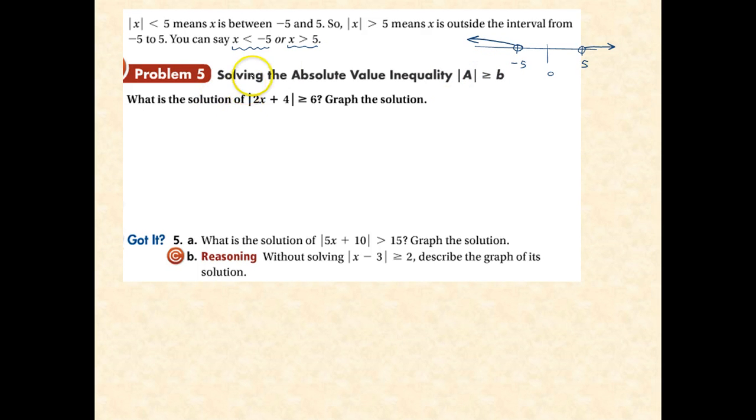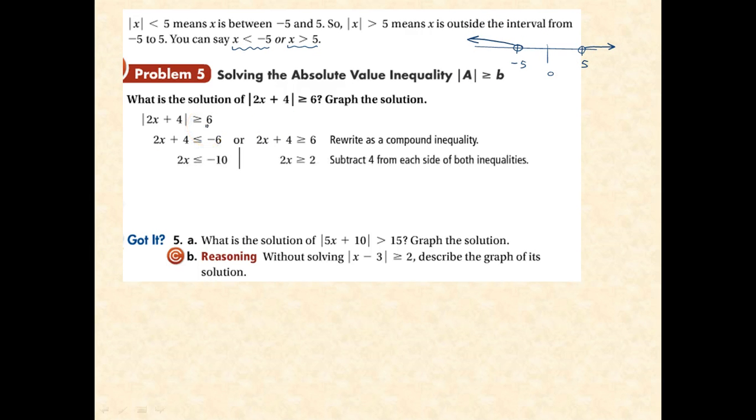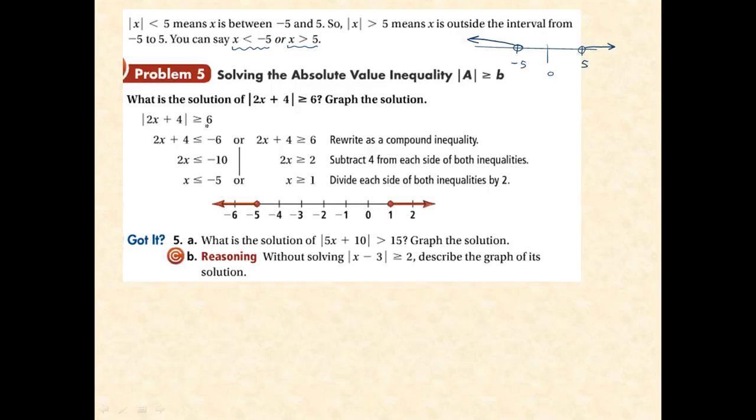Well, we just say the inside of the absolute value is less than or equal to the negative or greater than or equal to the positive. Just like we did here. Less than or equal to the negative, greater than the positive. And then we just solve like normal. Subtract 4 from both sides, divide both sides by 2. So that says that the x values have to be less than or equal to negative 5 or greater than or equal to 1.